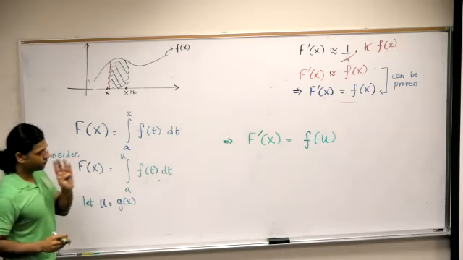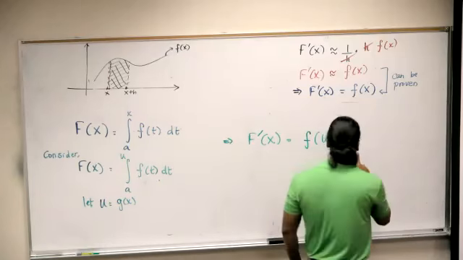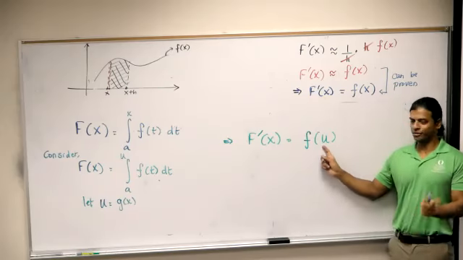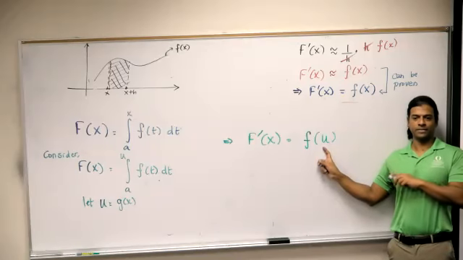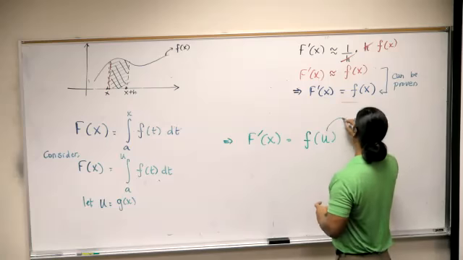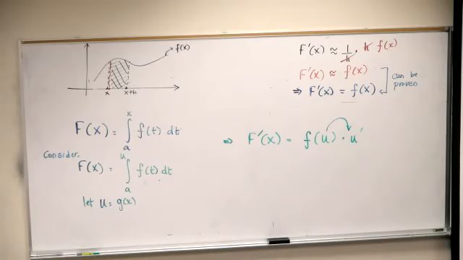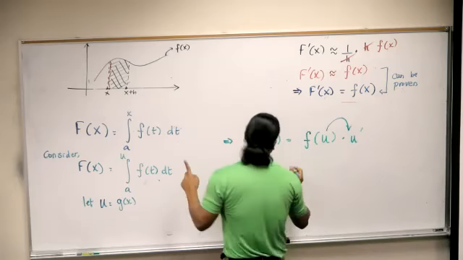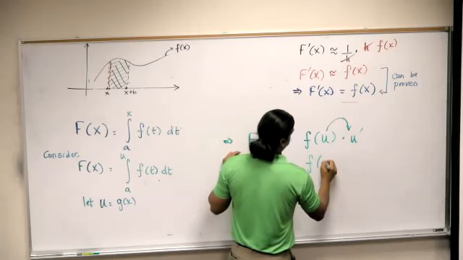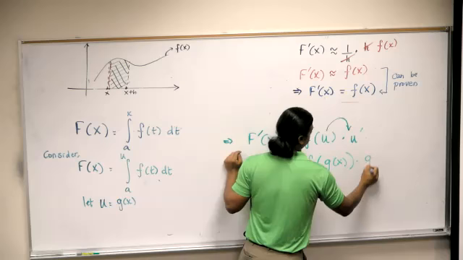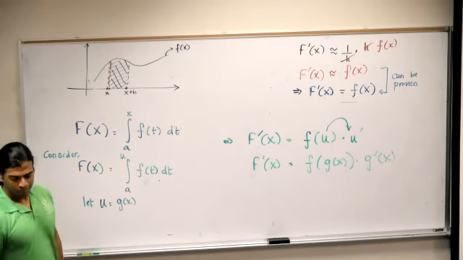But what is f of u then? G of x. But keep in mind, we are taking the derivative of not just x, rather a function of x. So what should we do when we take the chain rule? We multiply it by u prime. Good. So if the limit happens to be a function of x, we just use the chain rule to get that.